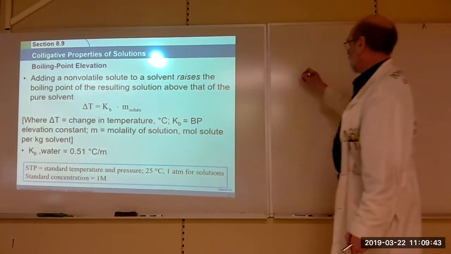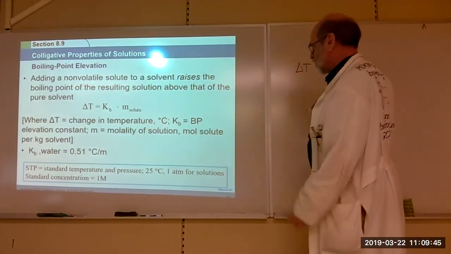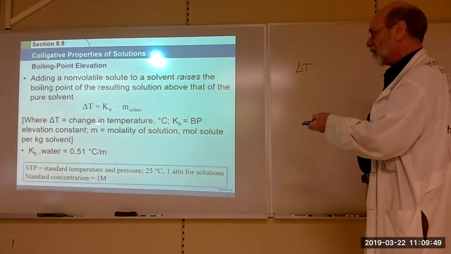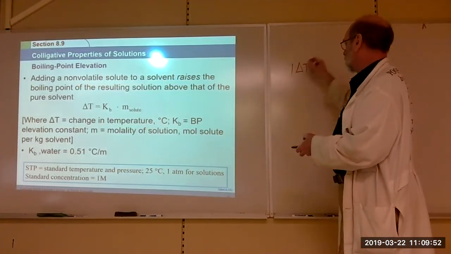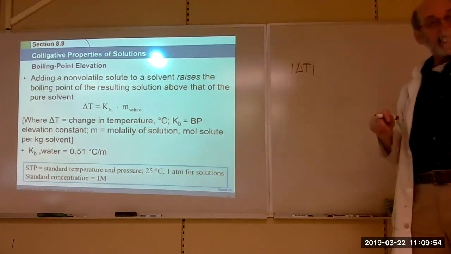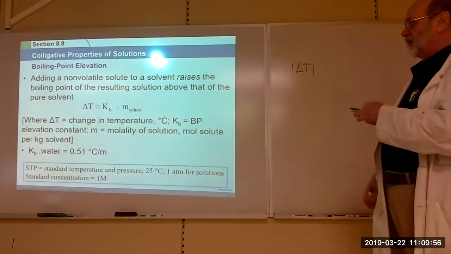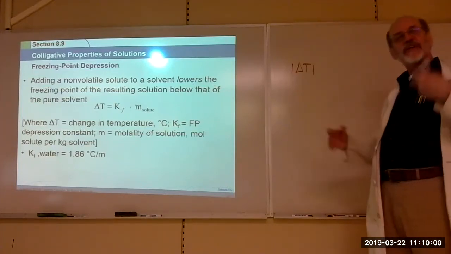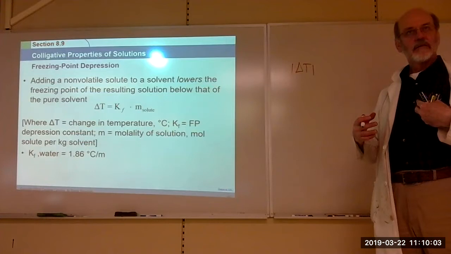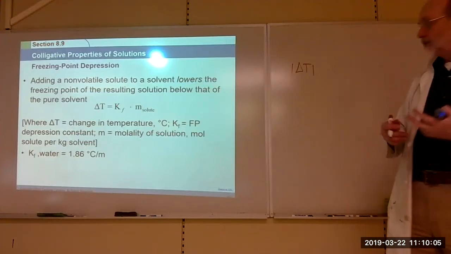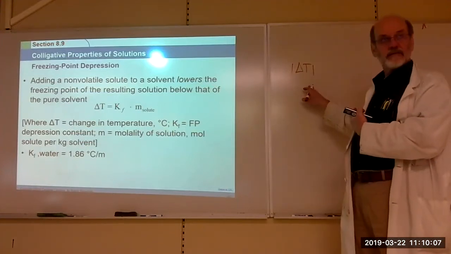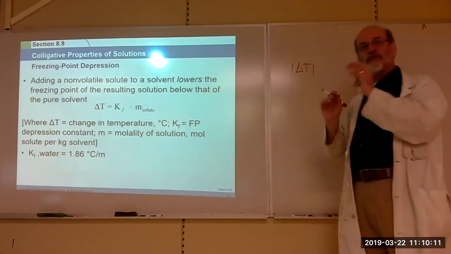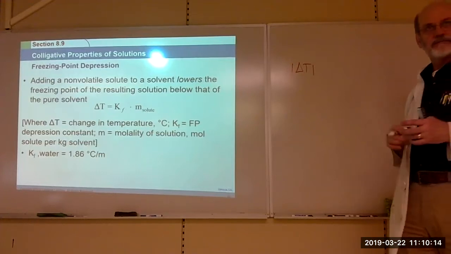So that just means that delta T, or the change in temperature here, is an absolute value. So if it's a negative, well, that's boiling point elevation. It's a freezing point depression. So if the temperature decreases, you get a negative delta T. It doesn't matter if it's negative or positive. You take the absolute value. You just want the number, the change.